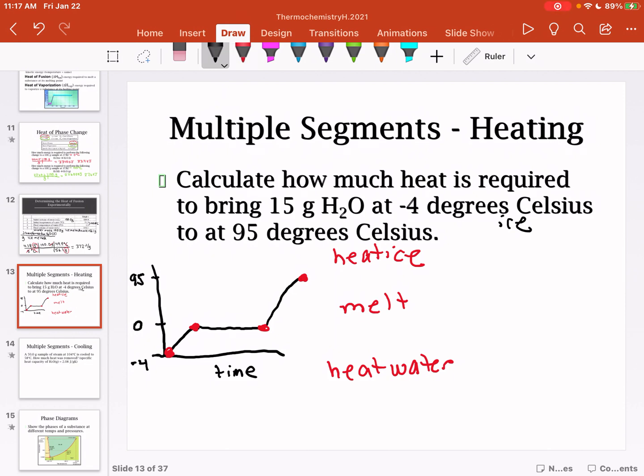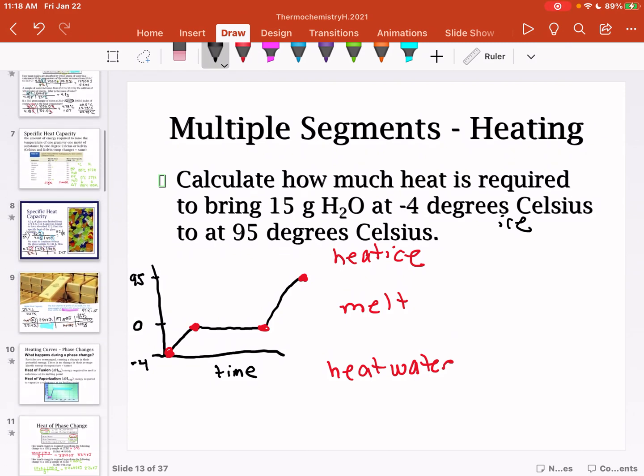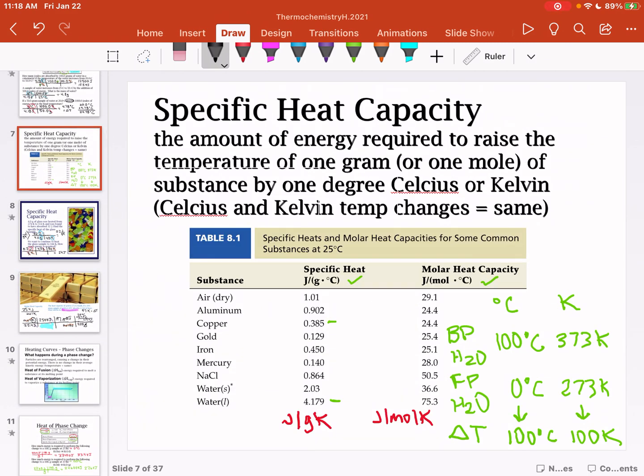So here's the thing. Specific heat capacity at 4.18 is only good for liquid water. So if I slide back up a little bit, you can see that liquid water and ice have 2 completely different specific heat capacities. Here is our specific heat capacity for ice.